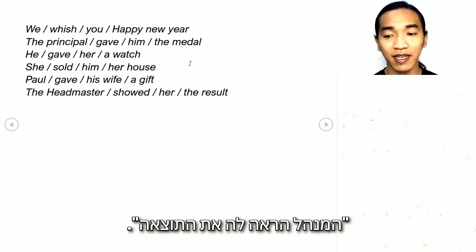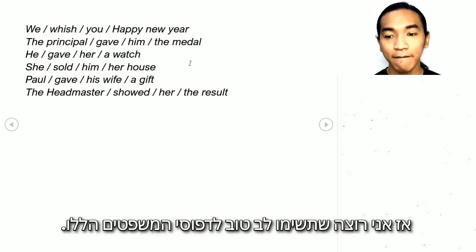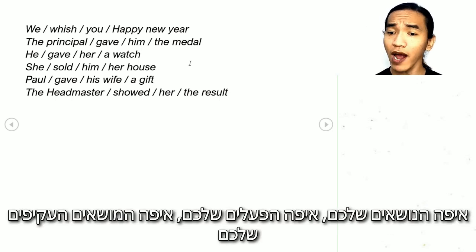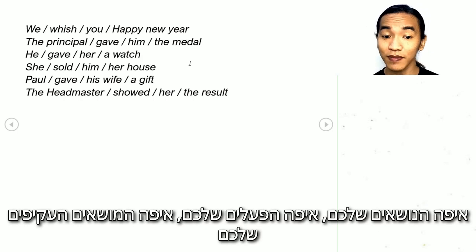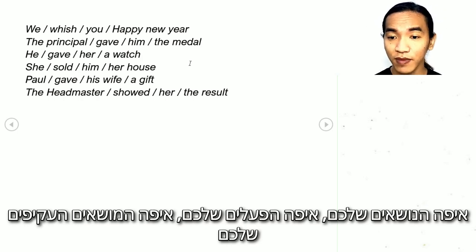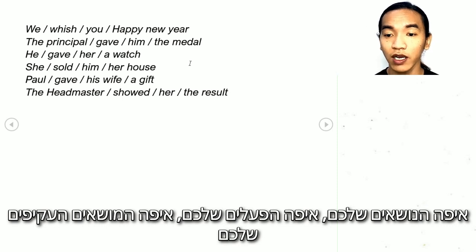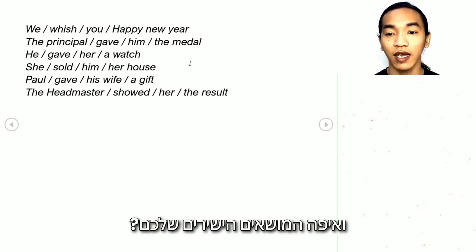The headmaster showed her the result. Okay? So I want you to take a good look at these sentence patterns. Where are your subjects? Where are your verbs? Where are your indirect objects? And where are your direct objects? Okay?